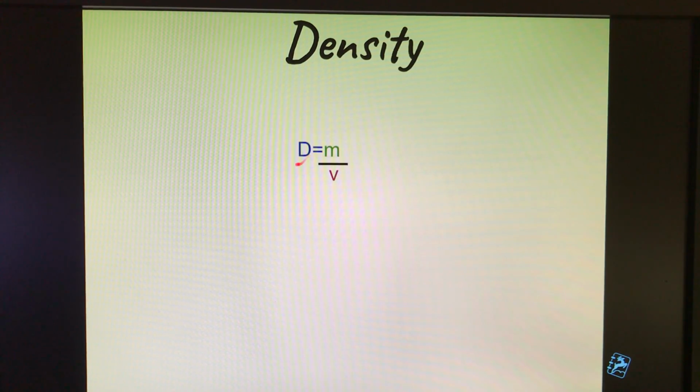Our formula is D equals M divided by V. D equals 560 milliliters divided by 1,250 cubic meters squared.